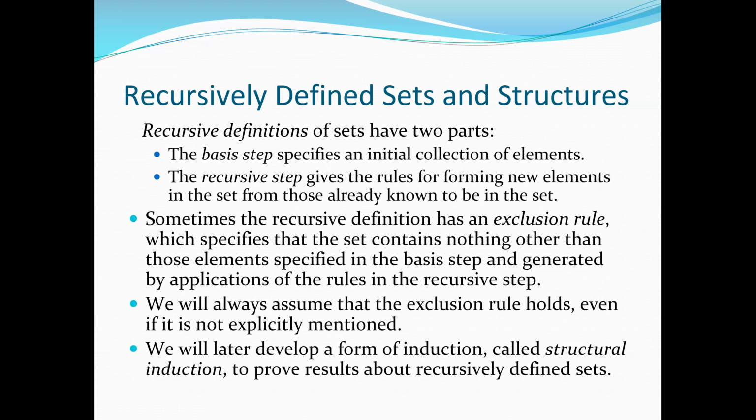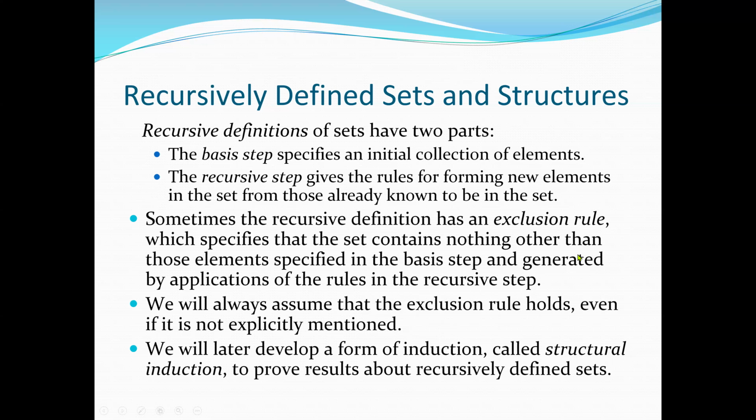This means the initial collection or the smallest unit is 1. So the basis step will be factorial equal to 1. Then the recursive step: you start from 5, reduced by 1, so 5 times 4 times 3 times 2.